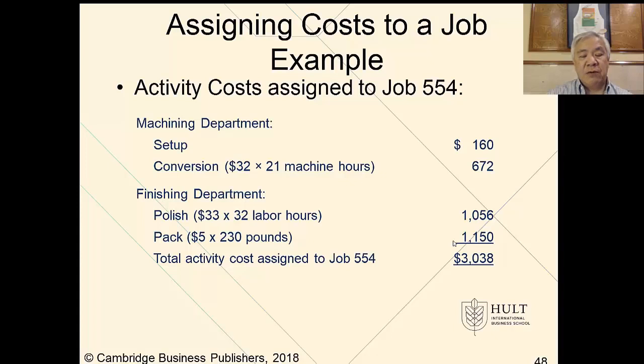Conversion is 21 machine hours times the $32 rate, which is 672. Finishing has polishing of 32 labor hours times $33 per hour. That's 1,056. The packing is by weight, so it's $5 per pound times 230 pounds, which is 1,150. So the total activity cost for these two departments is $3,038.